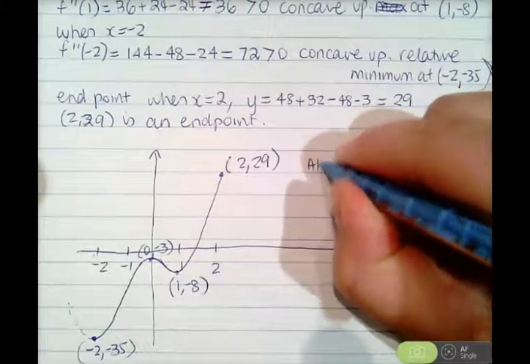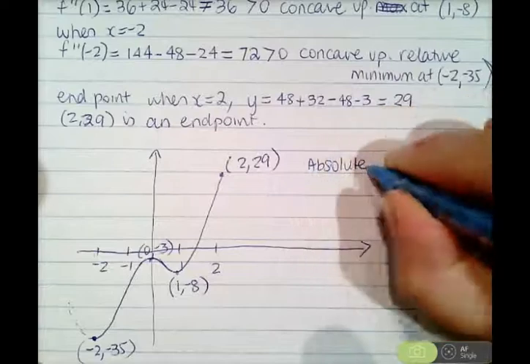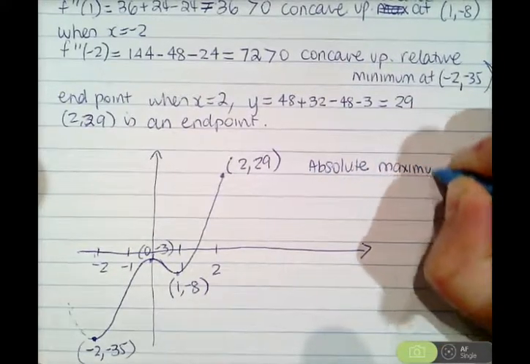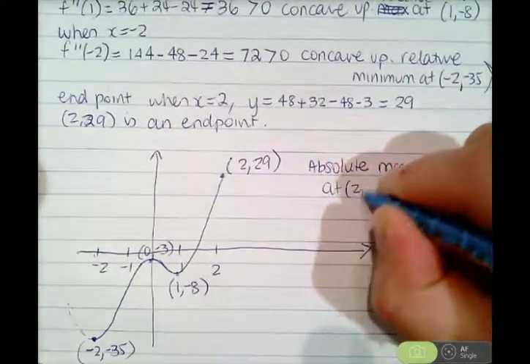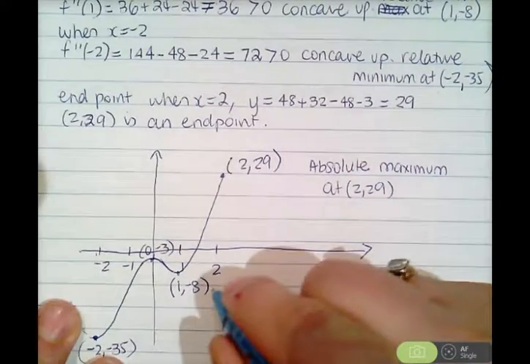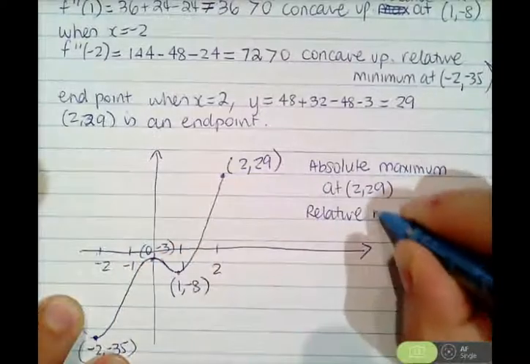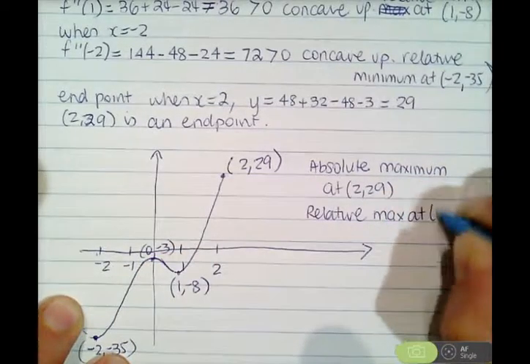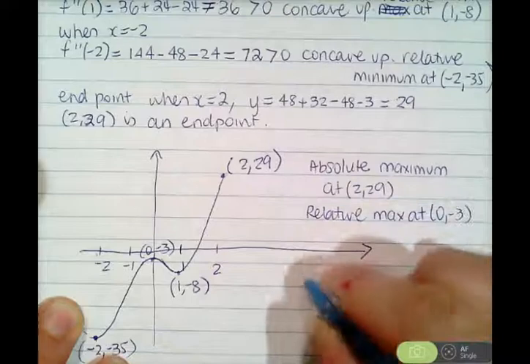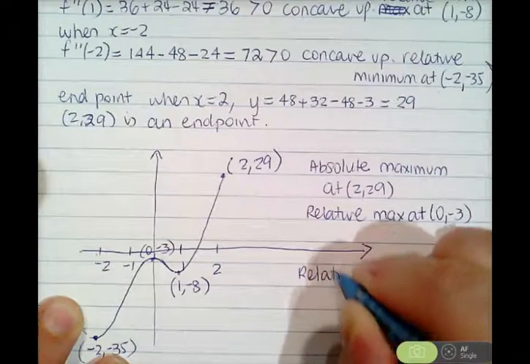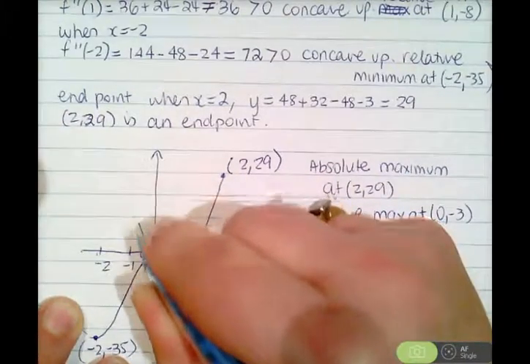We have an absolute maximum at the point 2, 29. We have a relative maximum just here at 0, -3. So that's a relative maximum here.